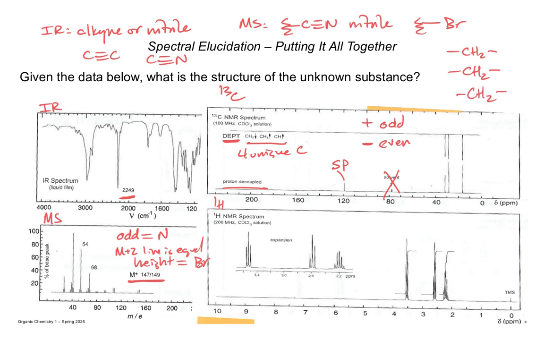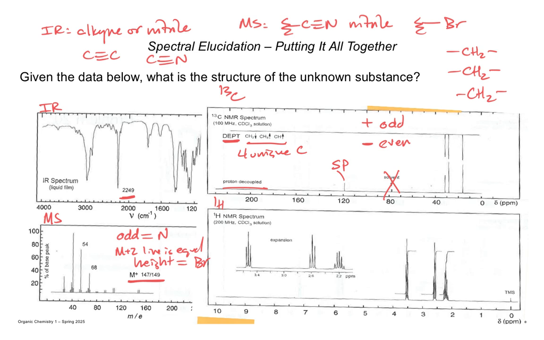And at this point, we have 5 fragments. We have a nitrile, a bromide, methylene, methylene, methylene. So there's really only one way that you can connect these. You have to put the nitrile at one end, the bromine on the other, and then the CH2s all linked together in the middle.